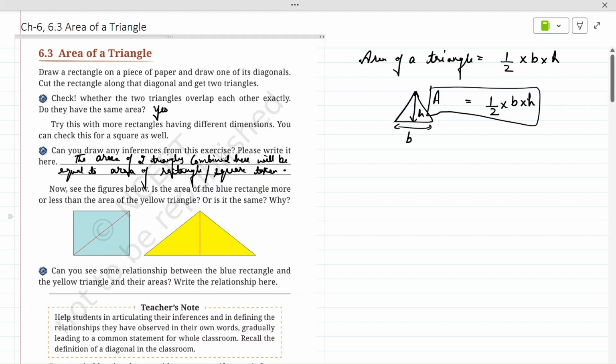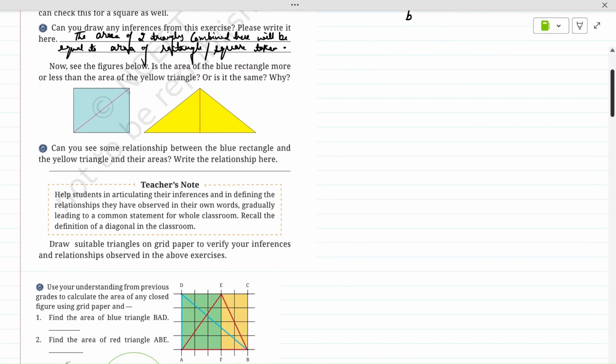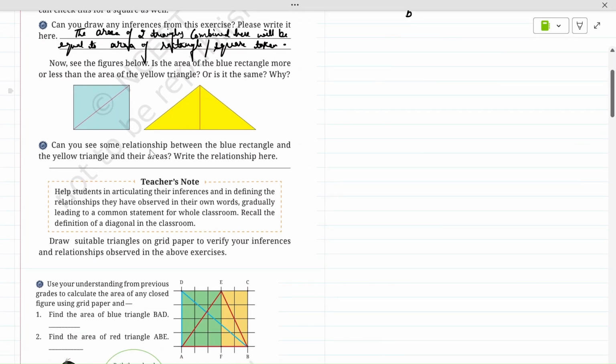Now, if we see this here, can you see some relationship between the blue rectangle, this one, and the yellow triangles and their area? Yes, same thing. That is, I'm writing again here, the area of one triangle is half of the area of the rectangle.